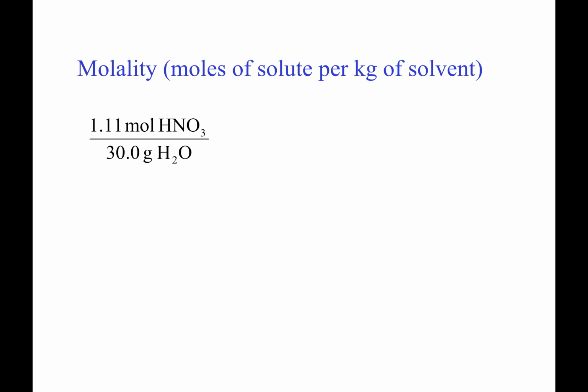over 30.0 grams of H2O. Now, molality is moles per kilogram. So how can we go ahead and get the denominator in kilograms? 1,000 grams of H2O over 1 kilogram of H2O.